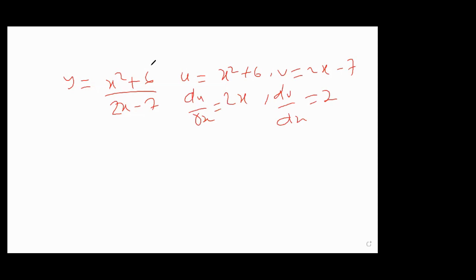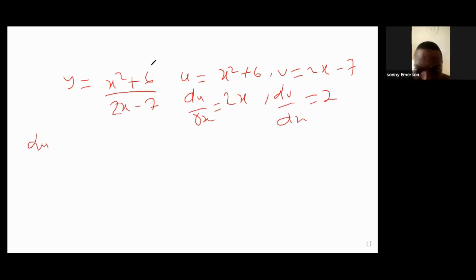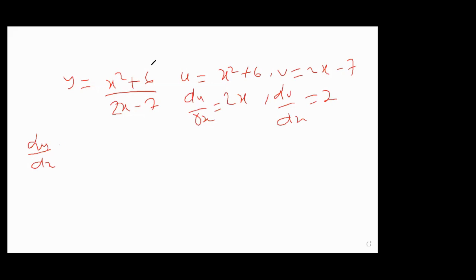Then the formula, dy dx, we give you v du dx minus u dv dx all over v squared. And then you are going to put this formula here.